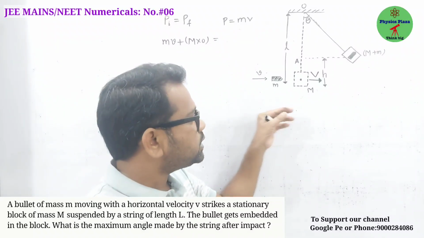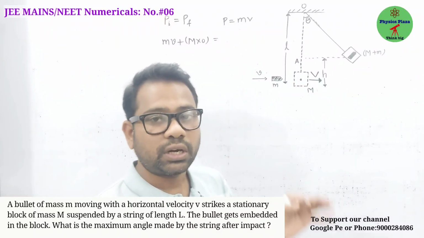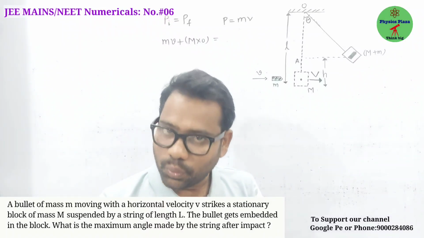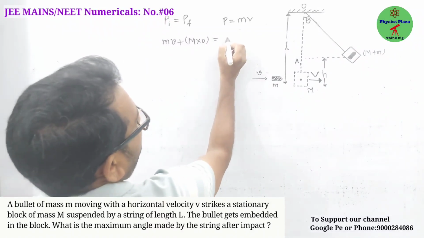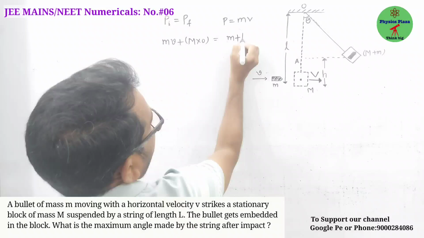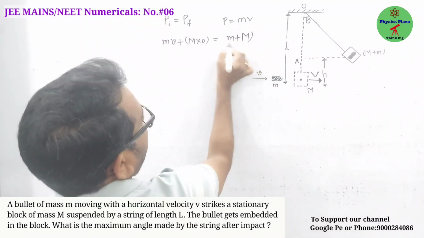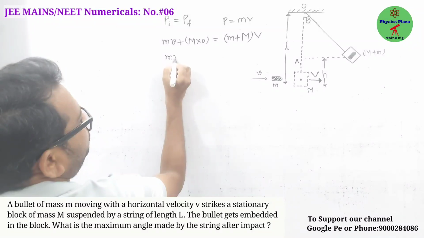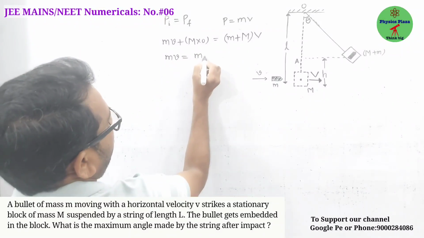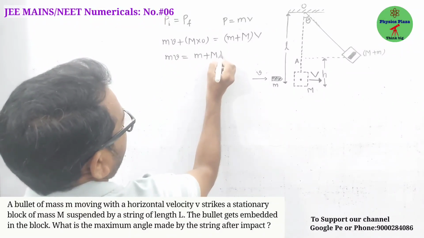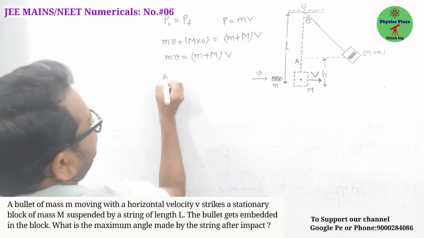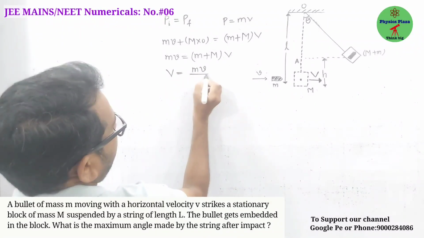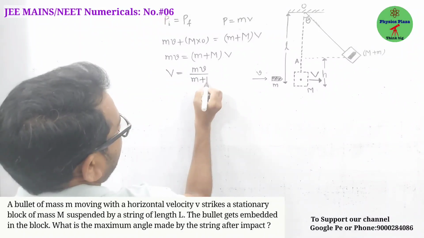Once the bullet is embedded in the block, we should consider the block and bullet as a single system. So the mass means we have to include the bullet mass and block mass, into velocity V. So it will be mv is equal to (m plus capital M) into V. From this we can write V is equal to mv by (m plus capital M).